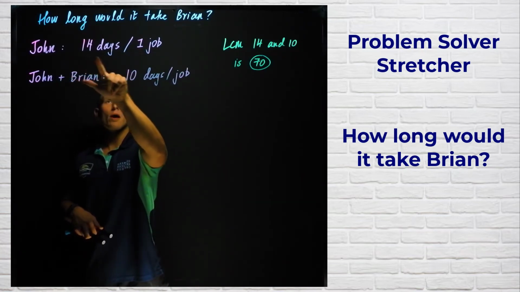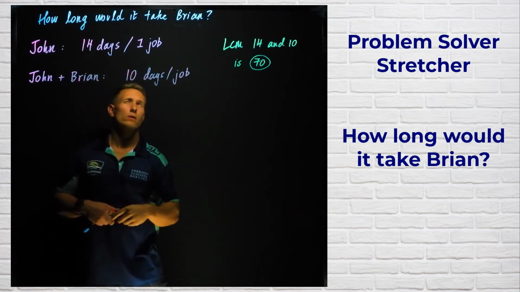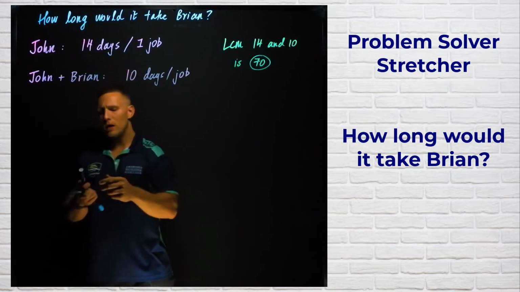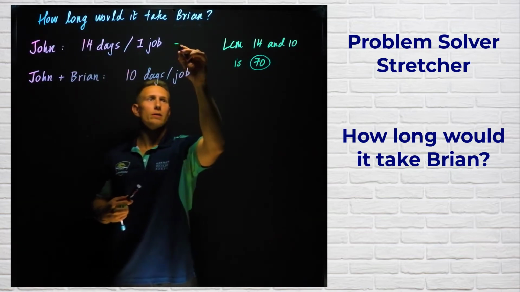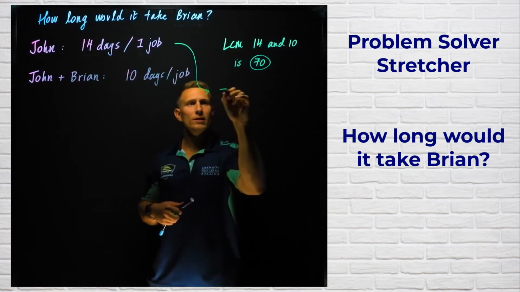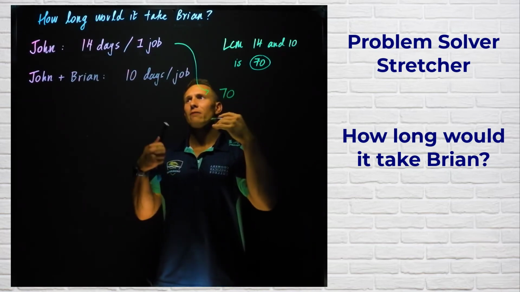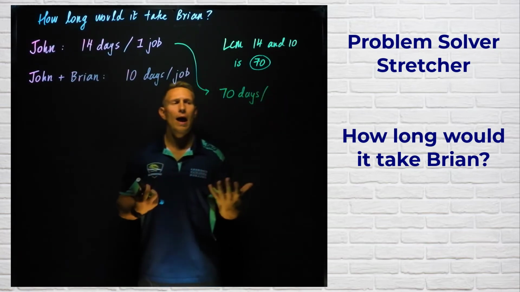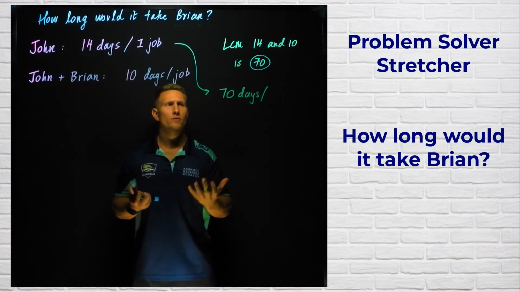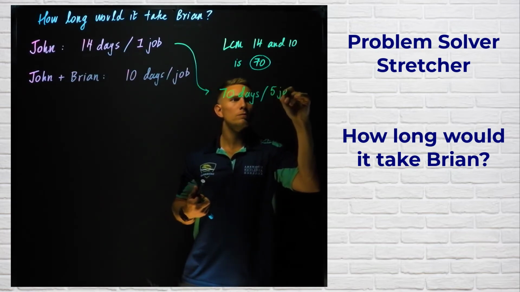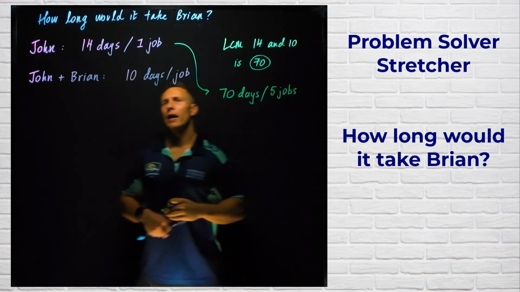So we're going to multiply this by 5, so we multiply 14 and 1 by 5. So 14 multiplied by 5 is 70, okay, so that means that if John worked for 70 days, how many jobs would he complete? So if he worked for 70 days, he would complete 5 jobs, great.